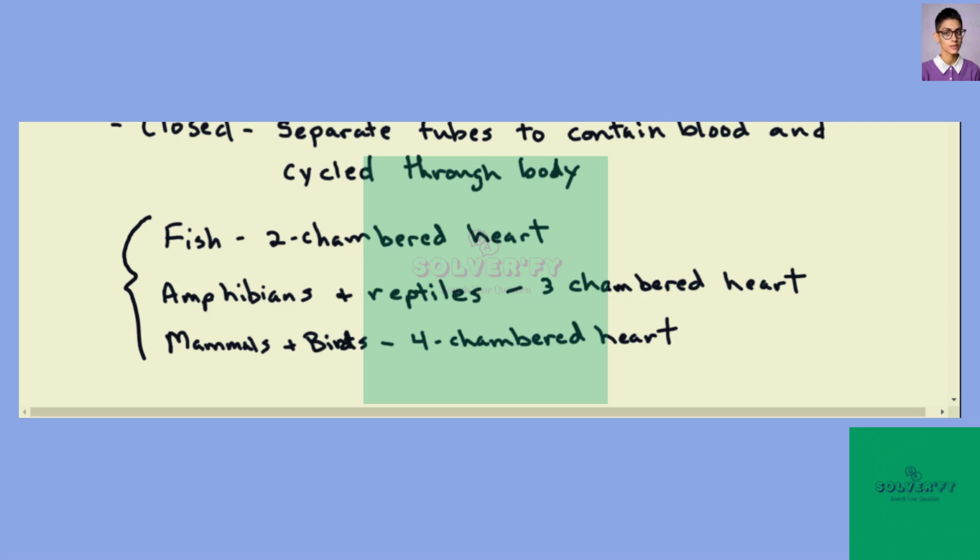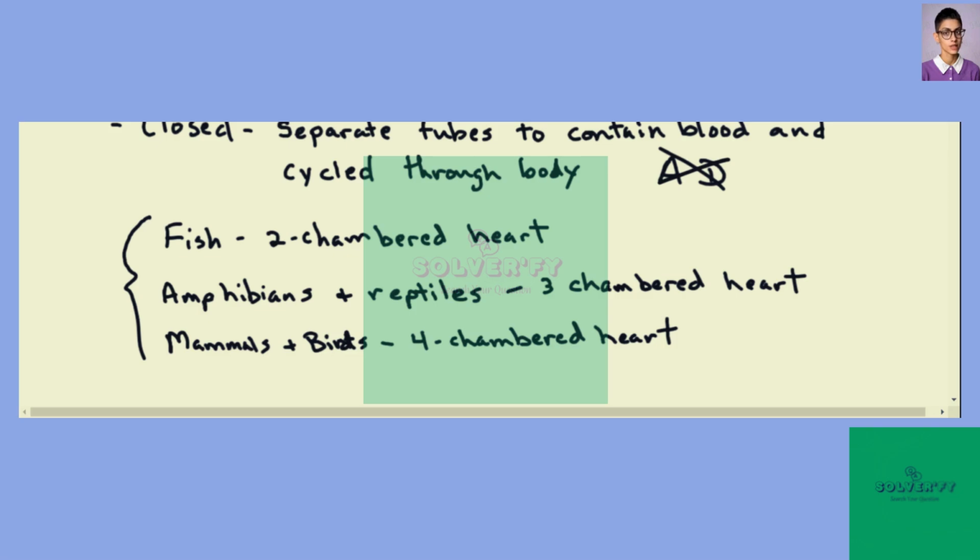That is not true. That only happens in open circulatory systems. So we can eliminate both A and D, because A and D are giving the definition of an open circulatory system and calling that the closed. So A and D are both incorrect.